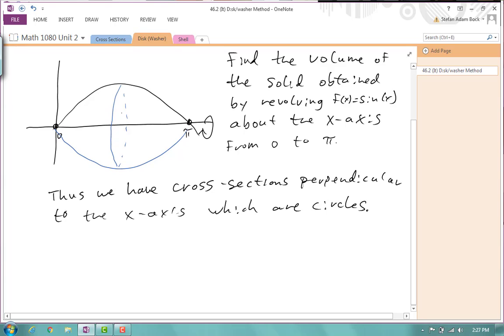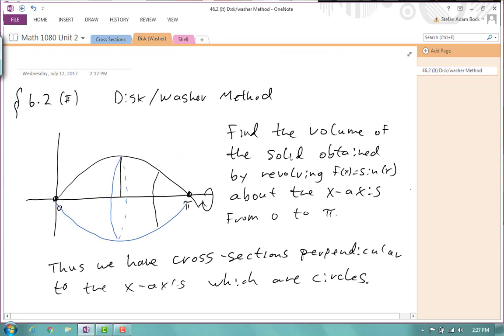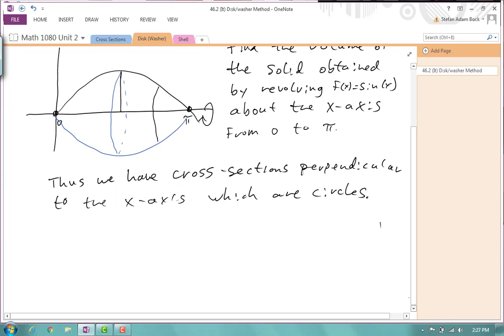So since the cross-sections are circles, I'm looking for the radius of this circle. Further down the line I might have a slightly smaller circle, but the radius at x is going to be sine of x, or the function height.